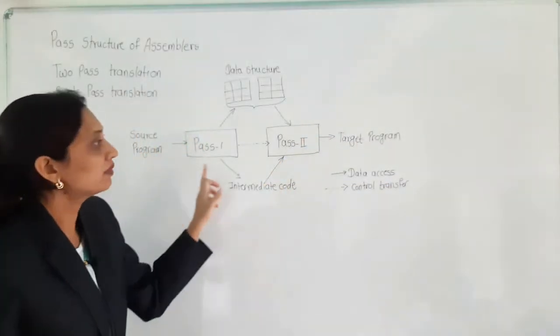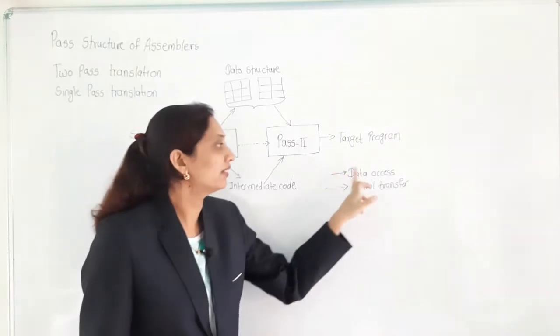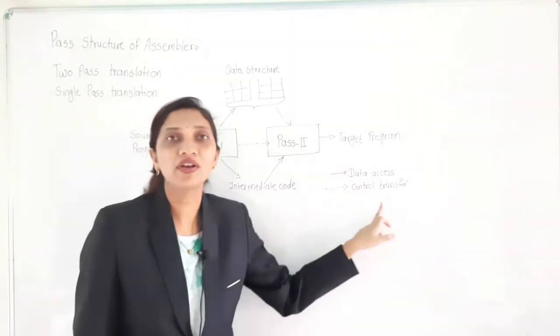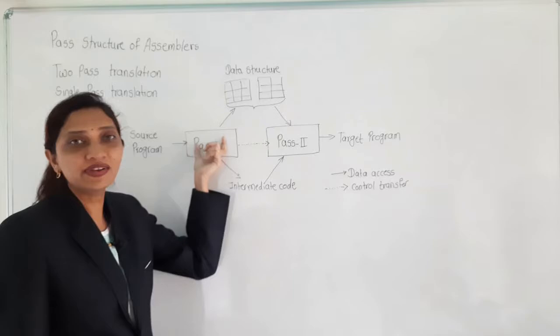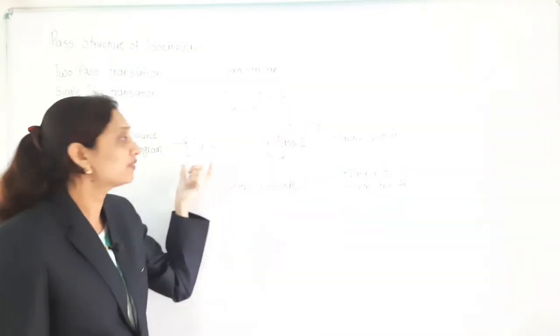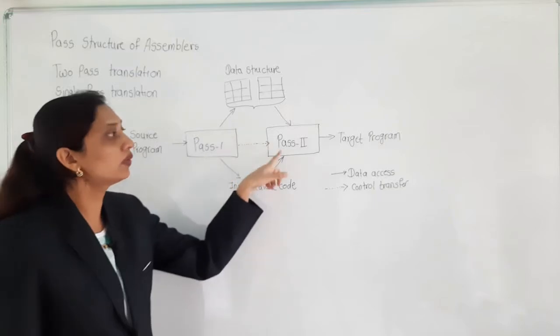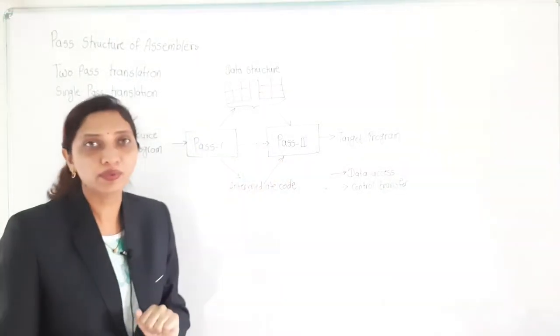In this diagram, the solid line arrow represents data access and the dotted line represents control transfer. Once the source program analysis is performed, the control goes to pass 2 for synthesizing the program.